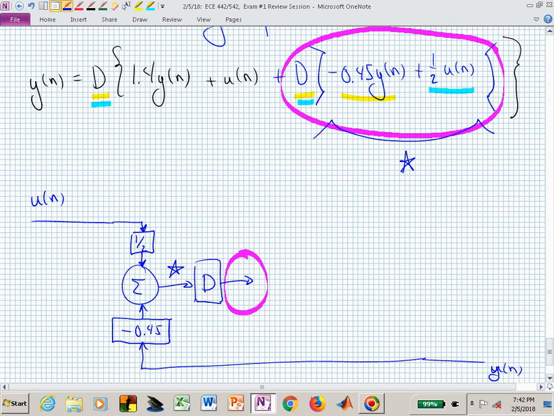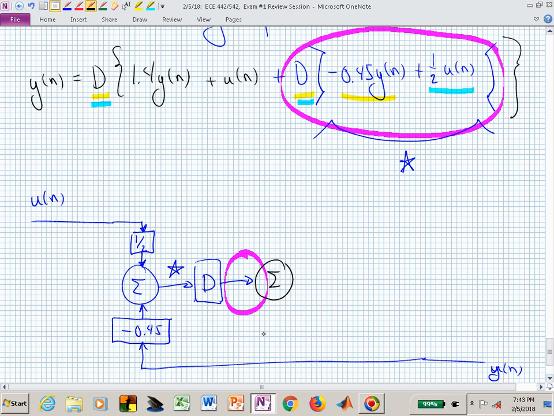Now I want to combine that magenta shade with a u of n and a weighted y of n in a summing junction. So coming out of that arrow to the right is going to be another summing junction.